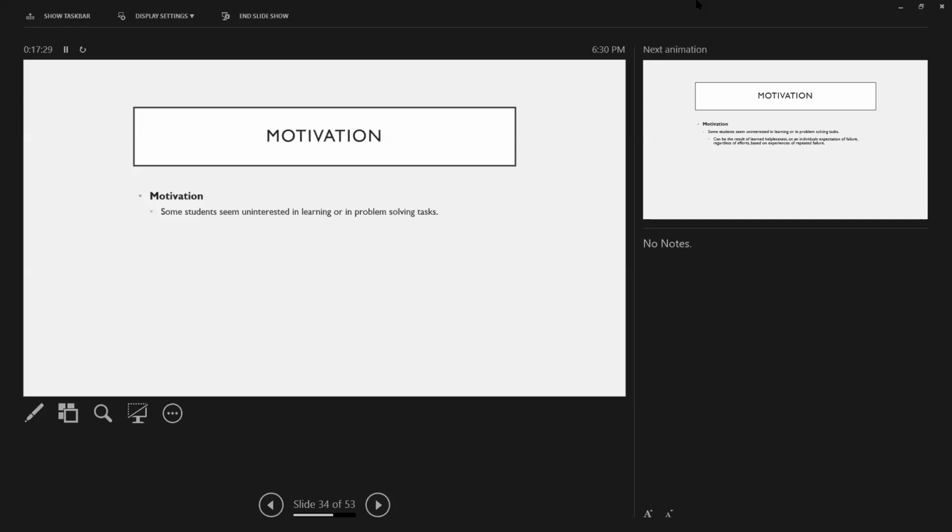Motivation is another big factor. Some students might just seem uninterested in learning or in problem-solving tasks in the classroom. And I mentioned this before, this idea of learned helplessness. This is referring to an individual's expectation of failure, regardless of their efforts, based on experiences of repeated failure.